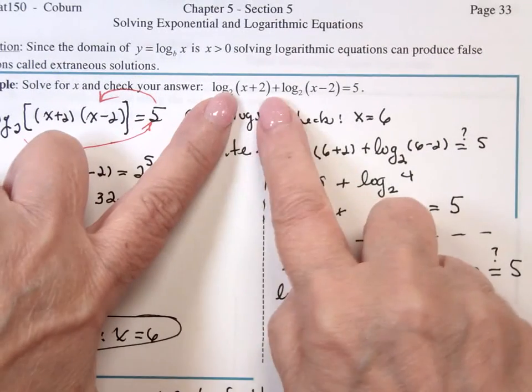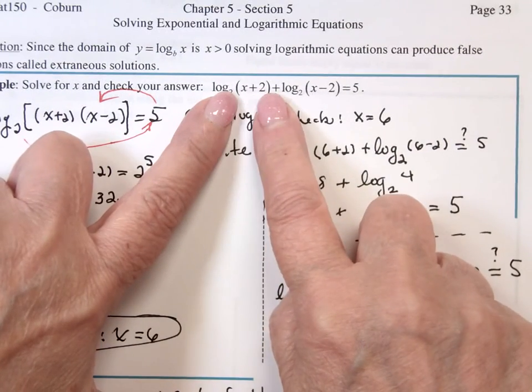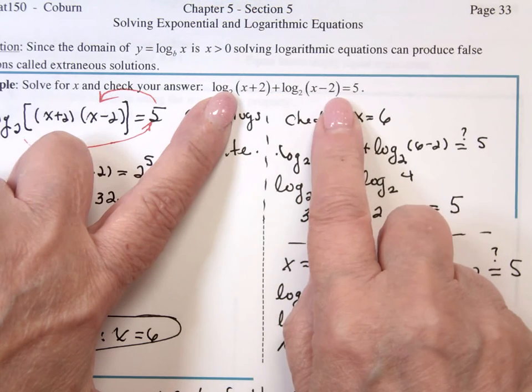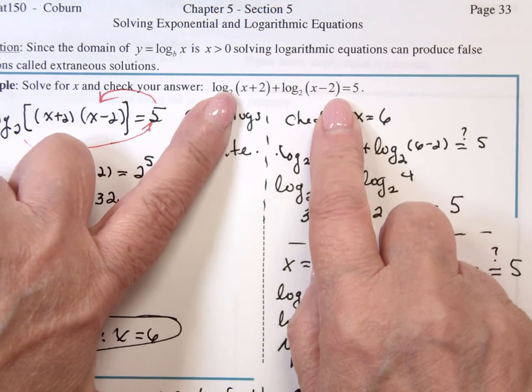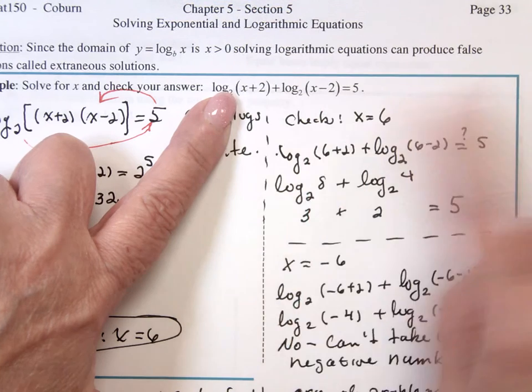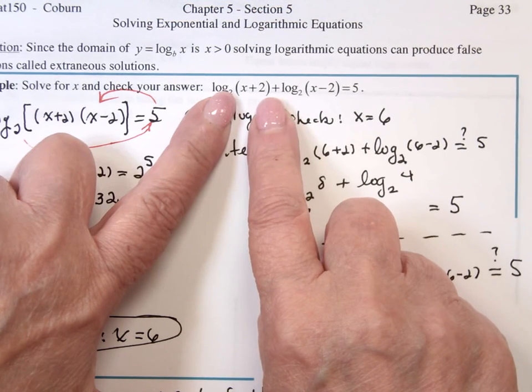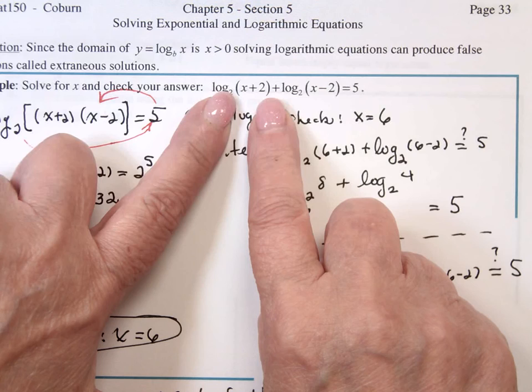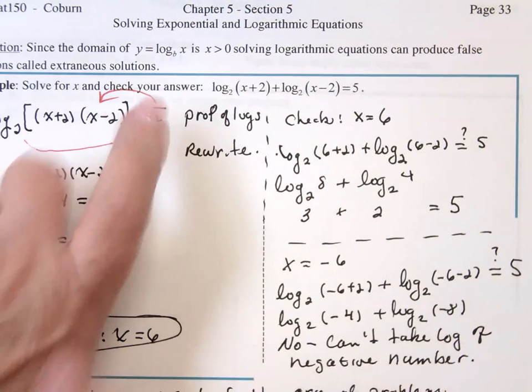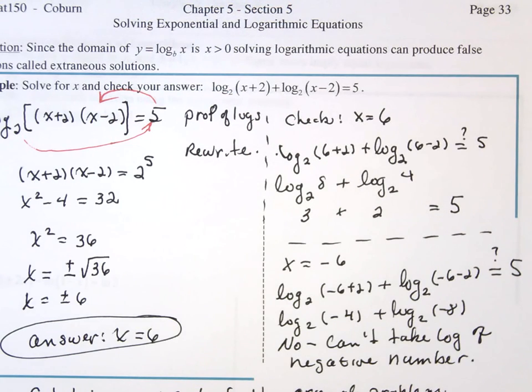If I put 6 in for x plus 2, that's positive. 6 in for x minus 2, that's positive. That should be okay. Put in negative 6. Negative 6 plus 2, I get a negative number. That means it doesn't work, period, no matter what you do. It doesn't work in the original problem, but it works when you bring them together. Interesting, huh?